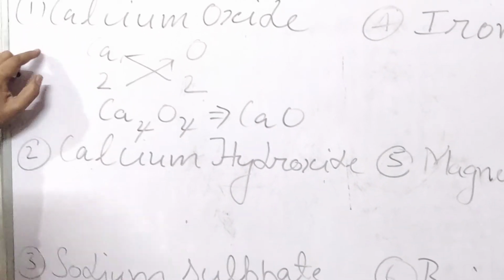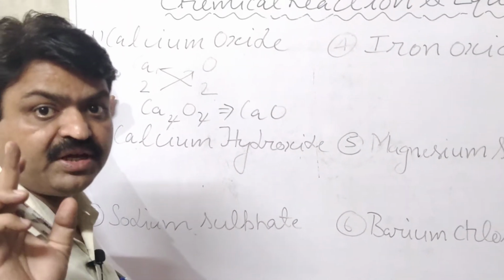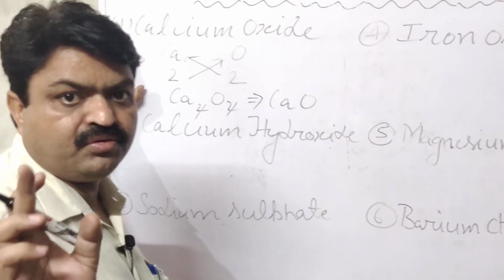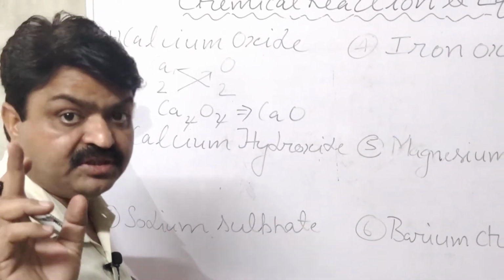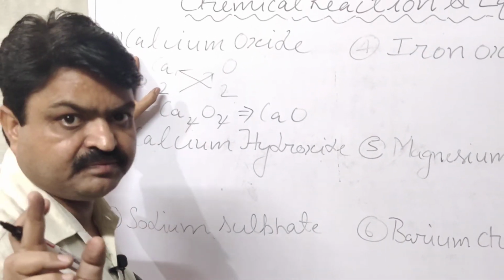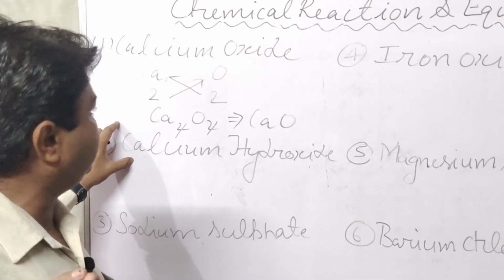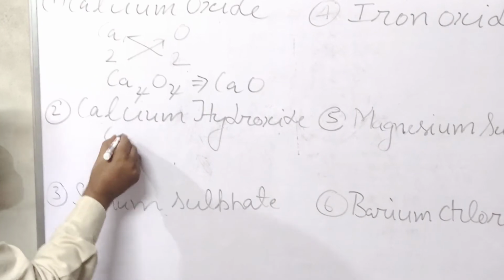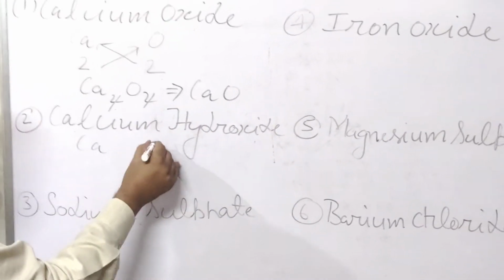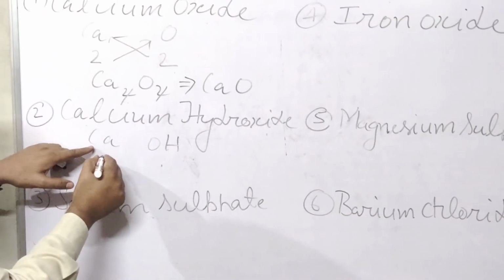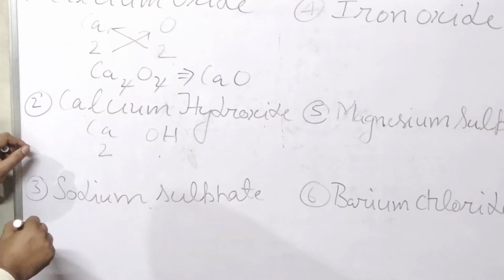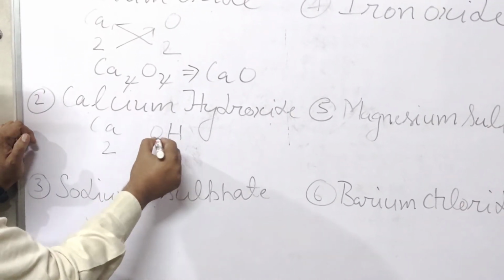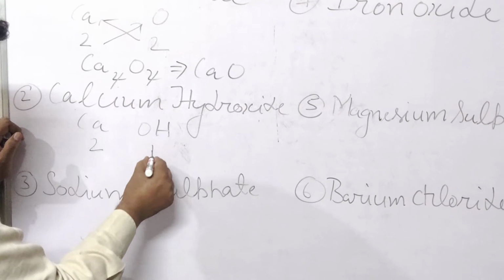And the general name of this calcium oxide is, student, quicklime. It is also known as quicklime. It is the general name of this chemical substance. Now we come to calcium hydroxide. In this, the calcium symbol is Ca and the hydroxide symbol is OH. Now the calcium valency is 2, the hydroxide valency is 1.